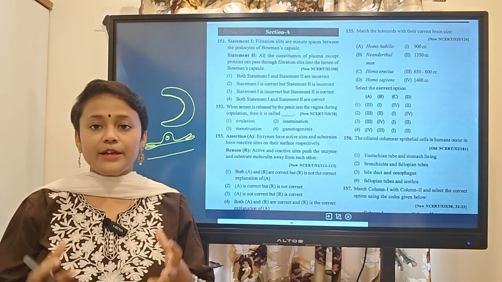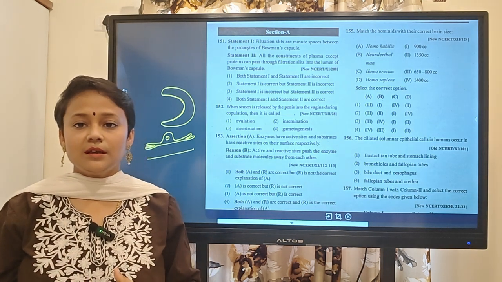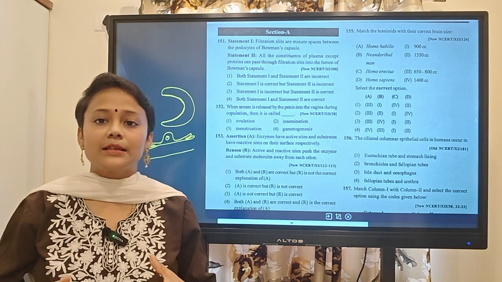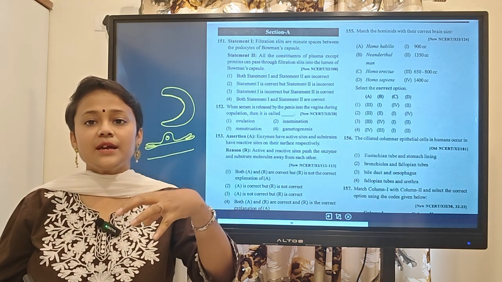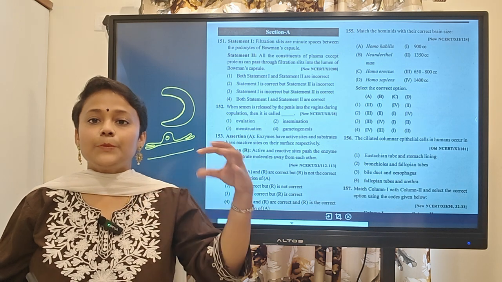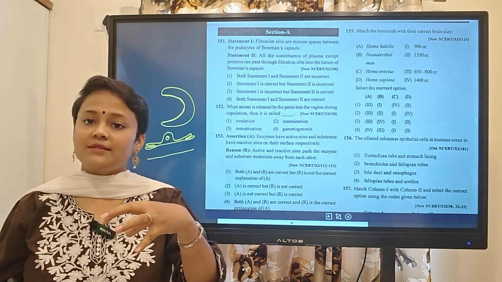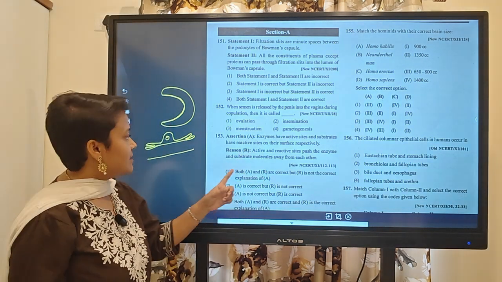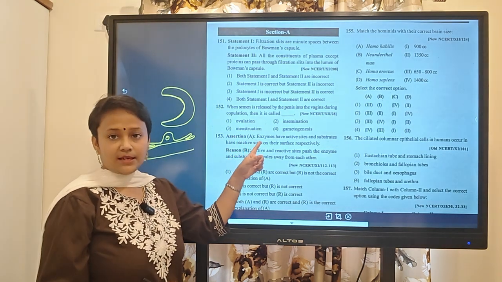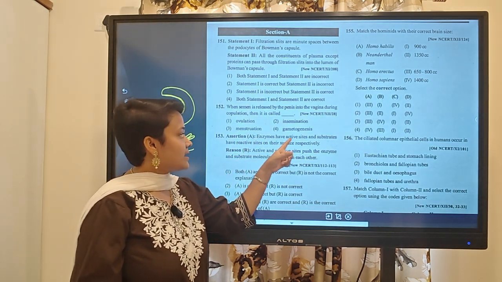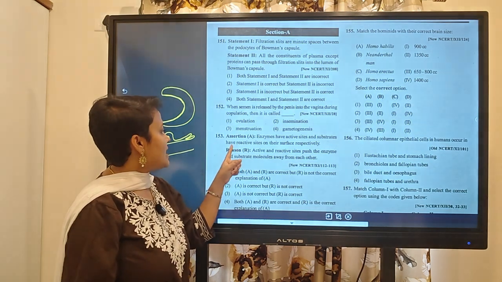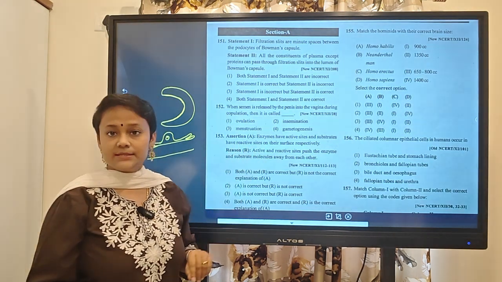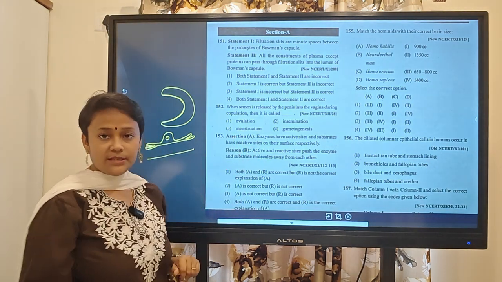So this kind of ball-like structure has active sites on its surface. A groove will be there, and in these active sites, the substrate will fit, right? So here this assertion is correct, meaning enzymes have active sites on their surface and substrates have reactive sites on their surface. So assertion is correct.